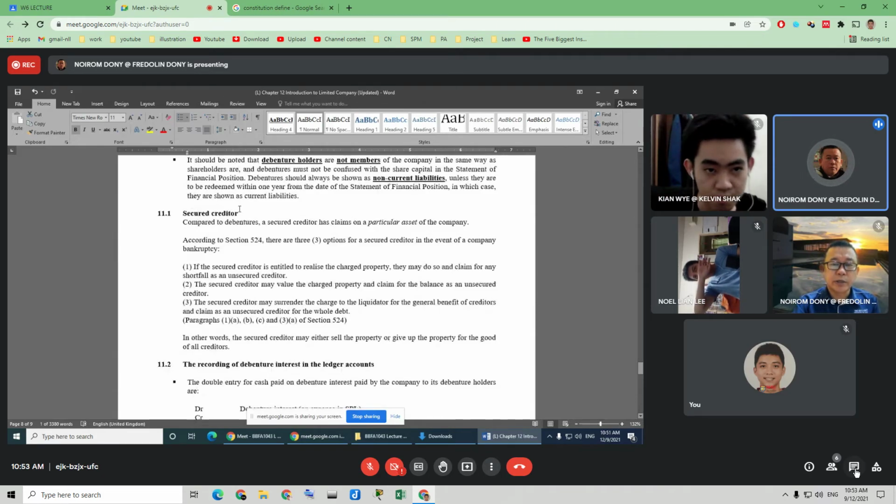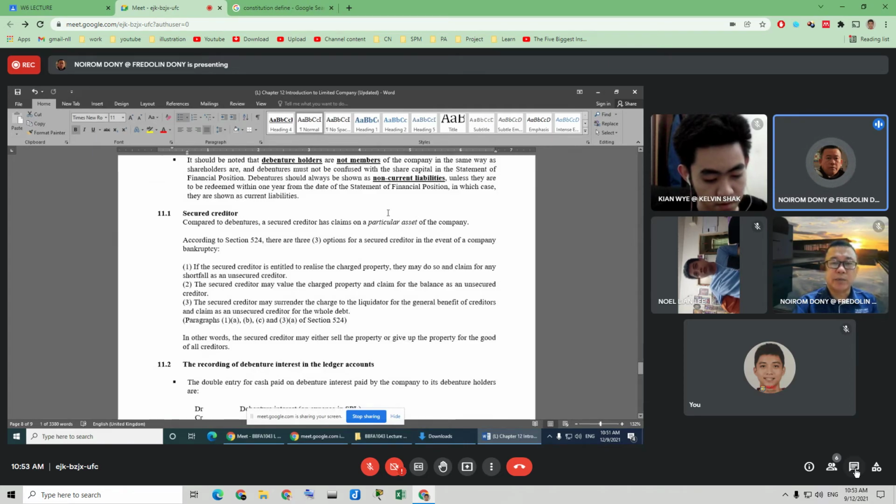So secured creditor, just now was unsecured. Compared to debenture, a secured creditor has a claim on a particular asset of the company. Meaning, in order to get this loan, the company needs to put something, normally an asset, as collateral, like a pawn.